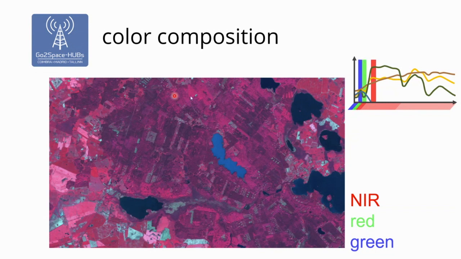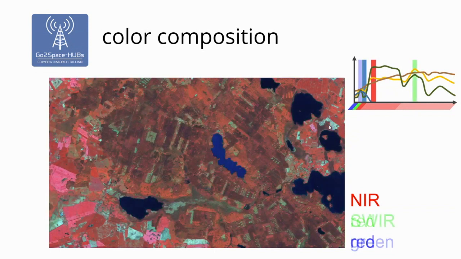So it means that all of those red parts in this image are probably vegetation. So this is how we know how to read those colors, and it's not very difficult actually. You just need some experience with that.